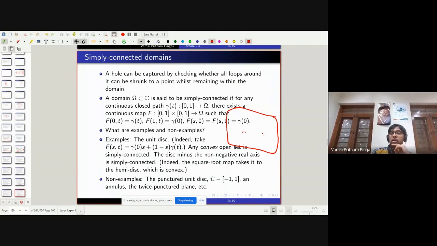These are all non-examples. Unfortunately, proving that these are non-examples is not that easy. Even proving the punctured disk is not simply connected requires a little bit of work.